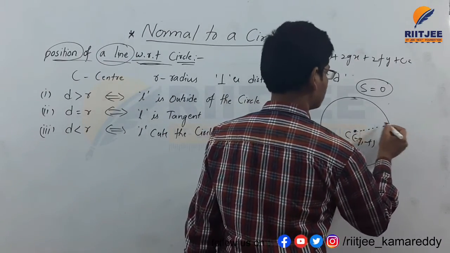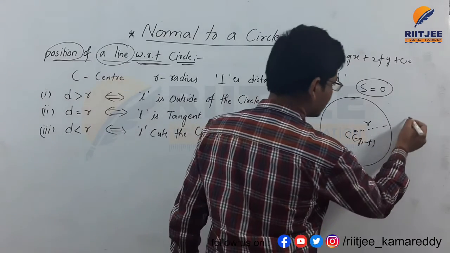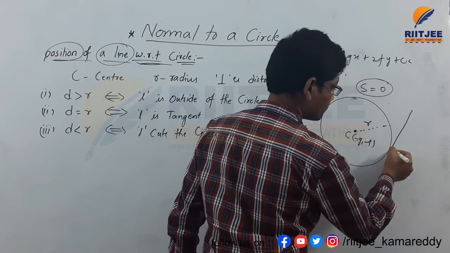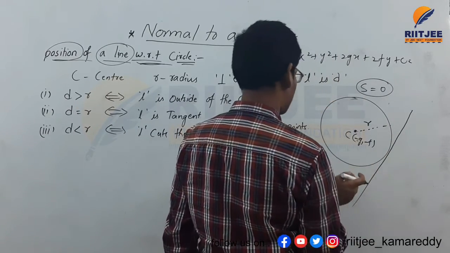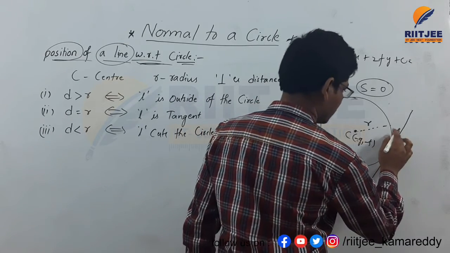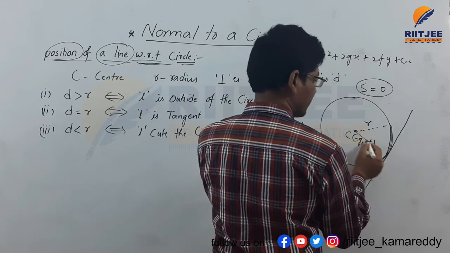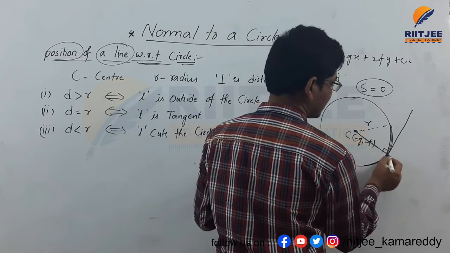And L is the line, and we take the perpendicular distance to the line. It may be anywhere here. I am taking a tangent for this one. It should touch the circle at one point, and this is the perpendicular distance.